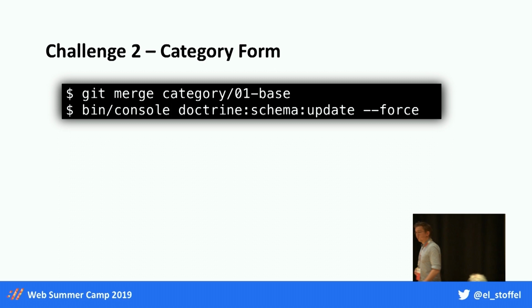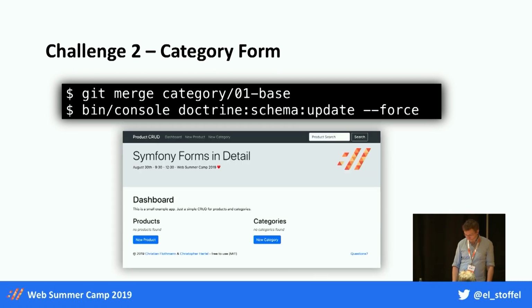So you need to pull or fetch, and then you can merge the category branch, and afterwards you need to execute bin/console doctrine:schema:update --force to update the database, or in fact create it the first time, I guess. And if you go to the home page after that, you should see something like this.